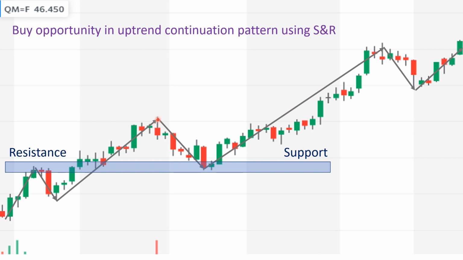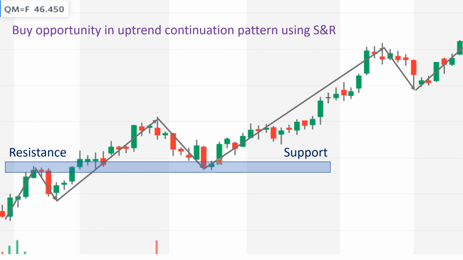Now the resistance becomes support, and this pullback comes down and hits the support area and provides a buy opportunity, and then bounces back and goes straight upward.